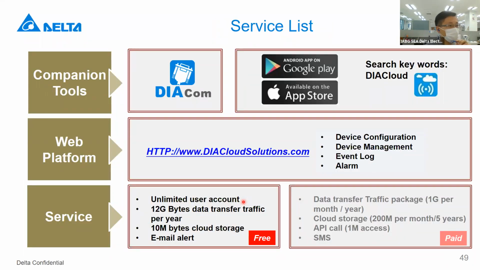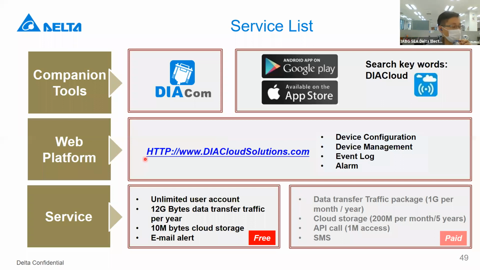And this is our service. First, for the service, there is software at the laptop, at the PC side, and we also support mobile phone apps. Users only need to register at our website, and then they can use device configuration, management, event log, and alarm function, and this is all free.